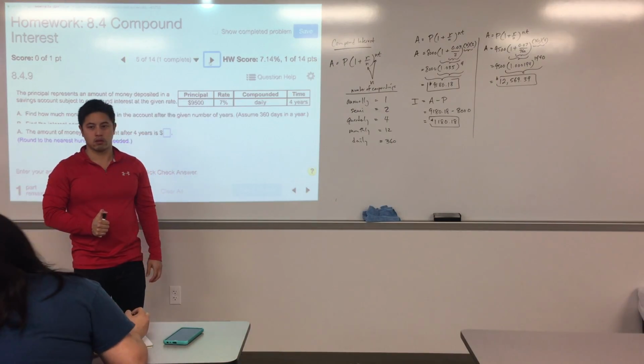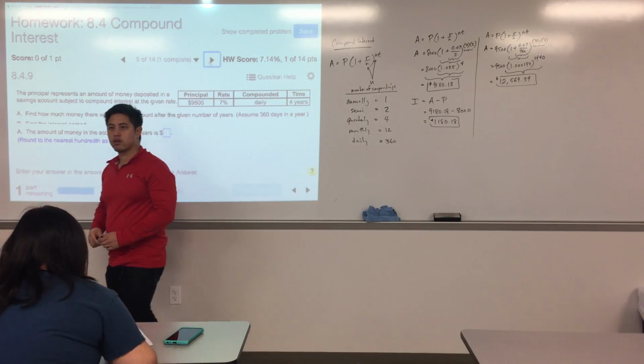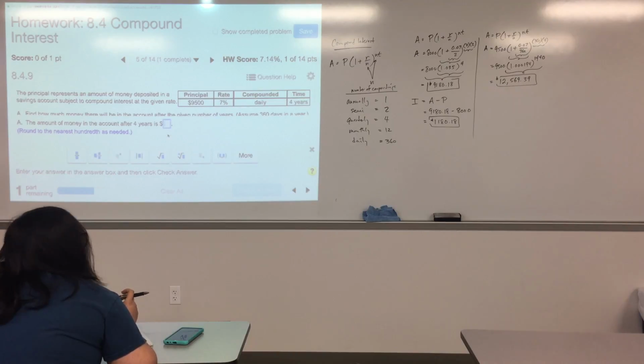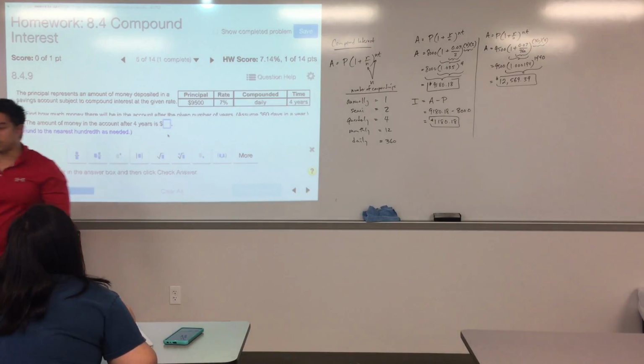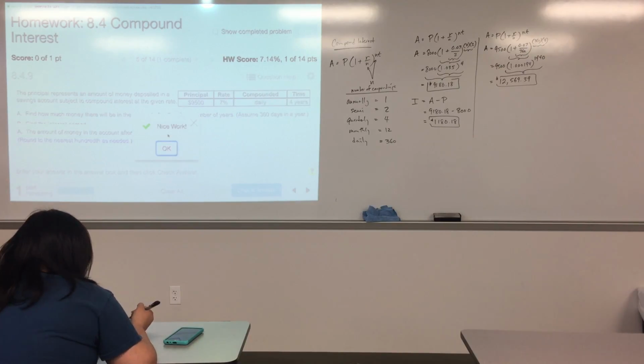We'll round to the nearest hundredth, right? It was 0.391, so that's perfect. So the answer is 12,569.39. That looks good. Nice job.